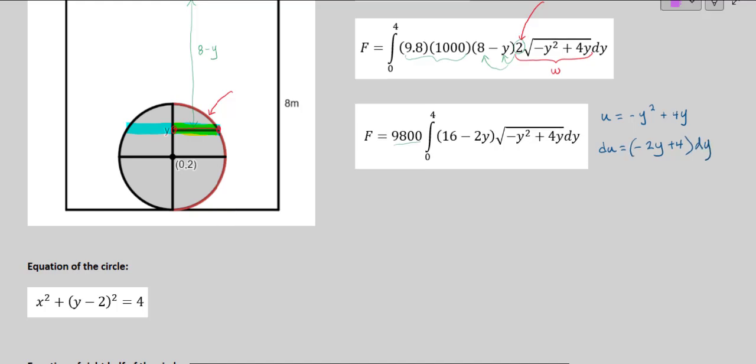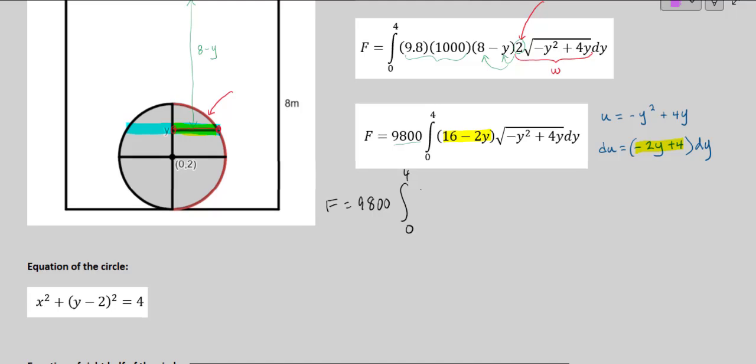Now that's not exactly what we have here. This expression to the left there is 16 minus 2y. But the negative 2y matches. And so I'm going to use a clever technique here and write the force as 9800, and this integral is going to be separated into 2. We are going to rewrite the 16 as follows.